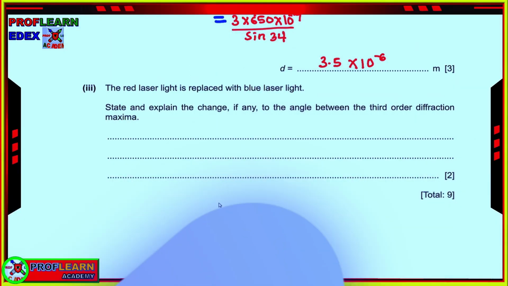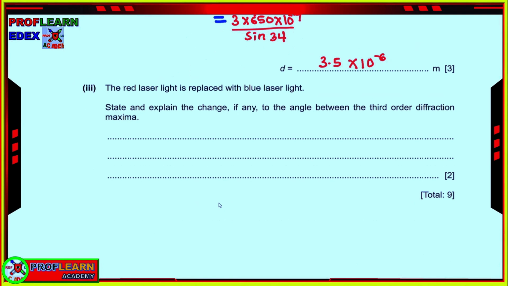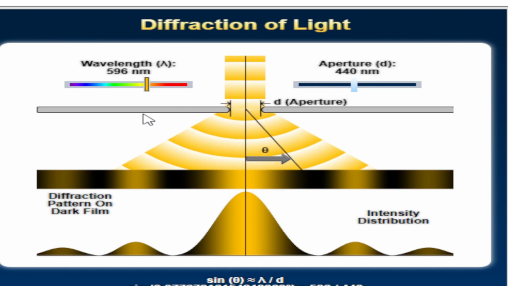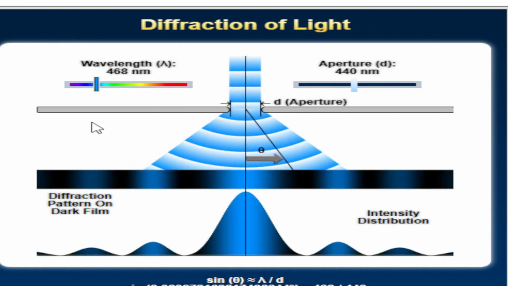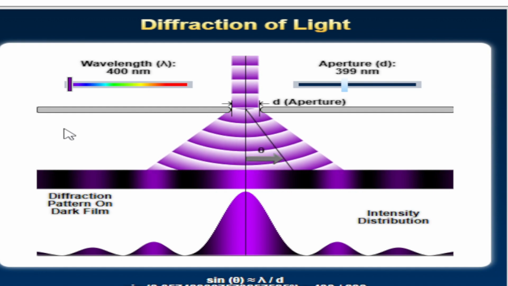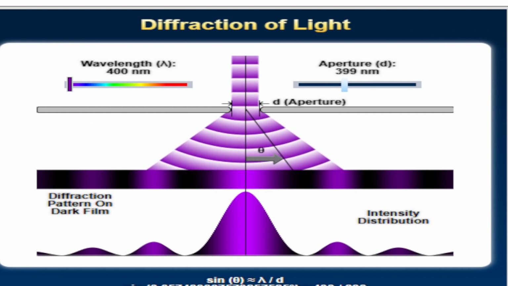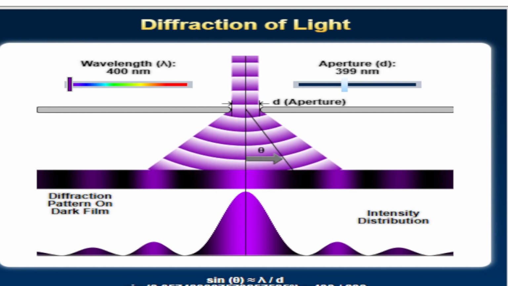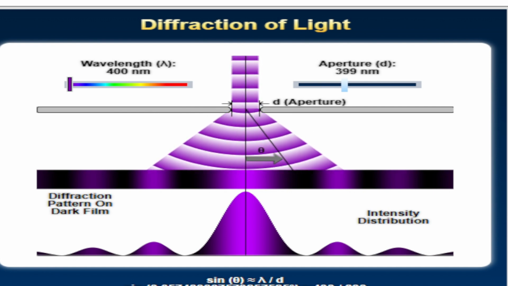Now look, we are changing the wavelength from red to blue, so meaning we are decreasing the wavelength. If you decrease the wavelength, the angle becomes smaller, the angle decreases. But if you are increasing the wavelength by moving to the red section, the angle increases. So for this diffraction grating, an increase of wavelength increases the angle.